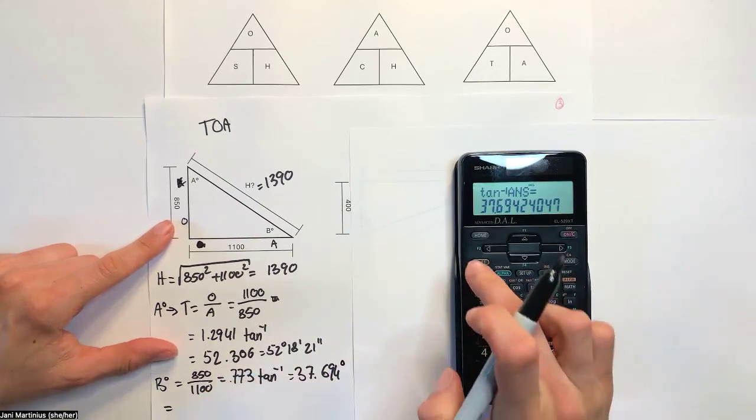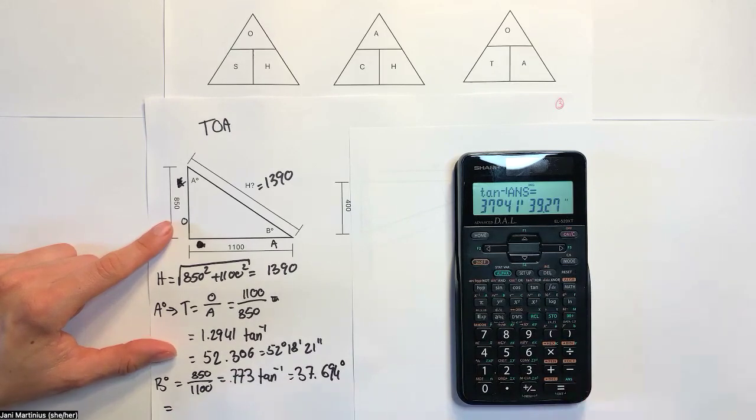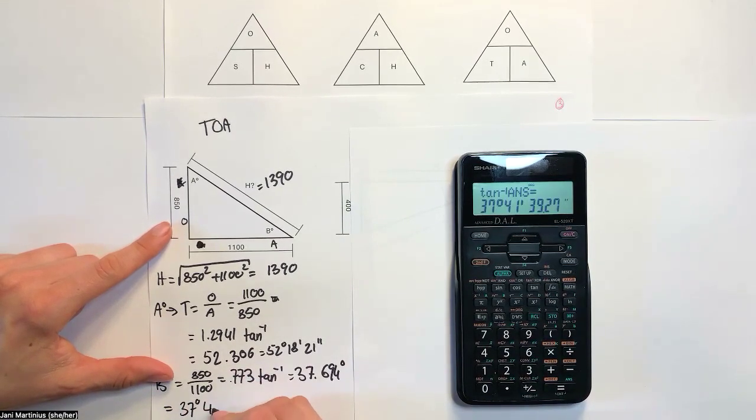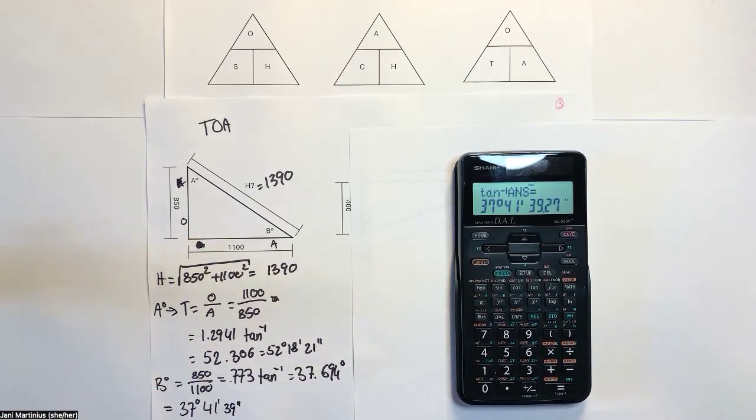And if we change that into degrees, minutes, and seconds, we get 37 degrees, 41 minutes, and 39 seconds.